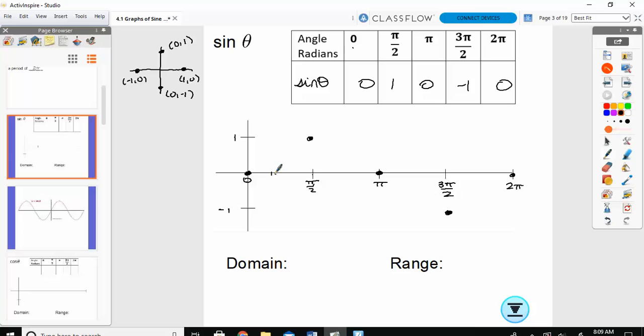So like 30 degrees or pi over 6. What is the sine of 30 degrees? 1/2. 45, that would be right there in the middle. What's the sine of 45? All right, put that in your calculator. Tell me what that decimal is.